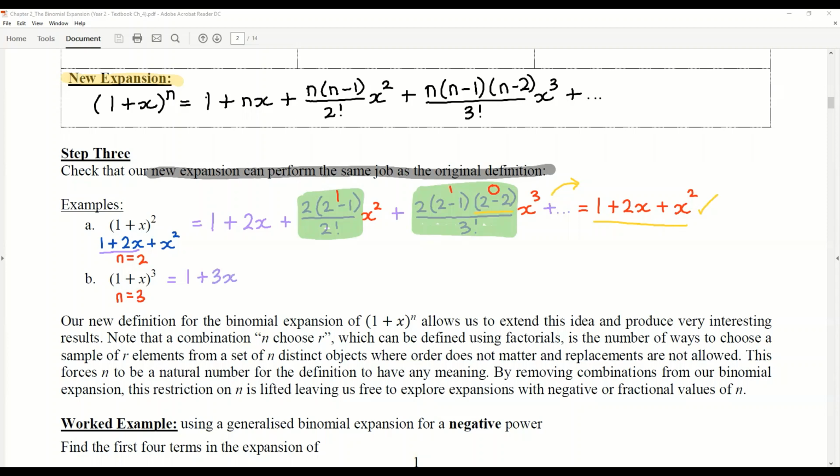And for the next term, of course, we have n, which this time is 3, multiplied by 3 subtract 1 over 2 factorial, and that's the coefficient of x squared. Then we have 3 multiplied by 3 subtract 1 multiplied by 3 subtract 2 over 3 factorial. This is the coefficient of x cubed, and plus some other terms, perhaps.